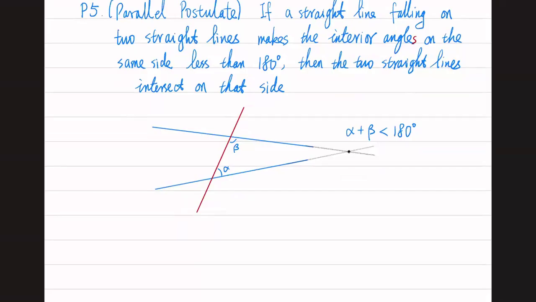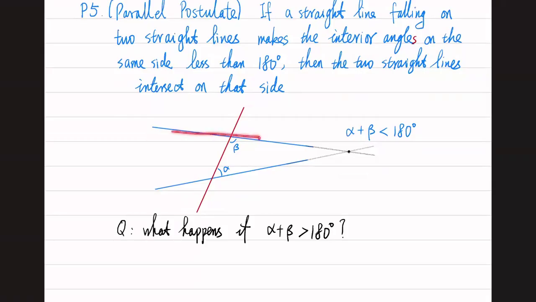Okay, question. If it's less than 180 degrees, the two lines intersect on the same side. If it's bigger than this, will the lines intersect or do they not intersect?